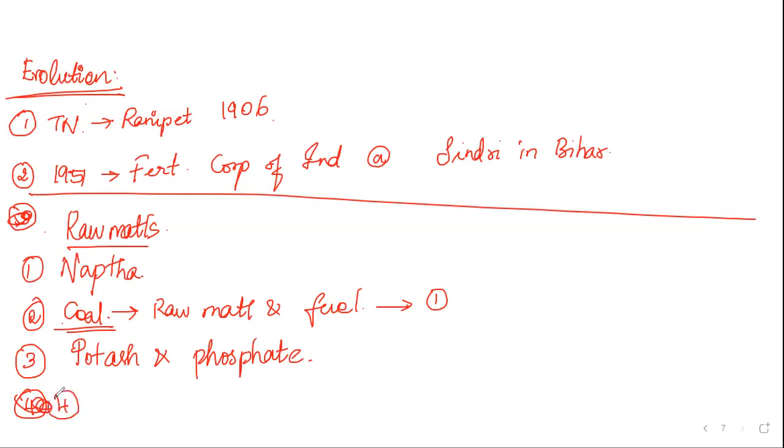The fourth important raw material that is needed is sulfur. Again, sulfur is not available in a large quantity in our country. Some reserves are available in Tamil Nadu in the form of hydro-grade gypsum.